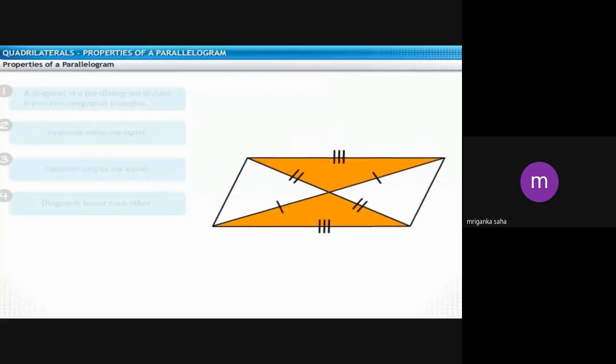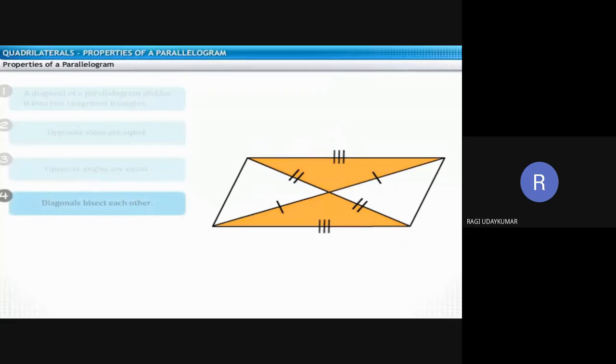Then the opposite triangles, it means both the opposite triangles will be congruent. The terminology you are using should be in a proper way. These opposite triangles which are shaded here will be congruent.